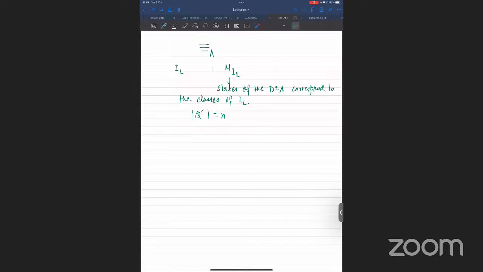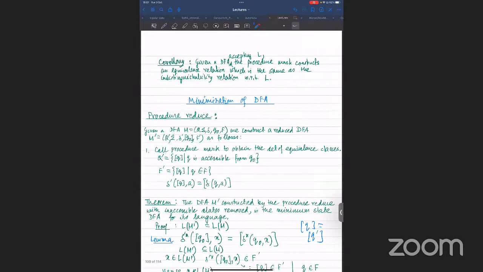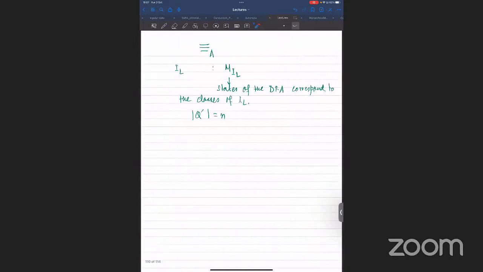And if you consider these pairs of states, they are all pairwise distinguishable. Correct? And we saw that every DFA will require at least this many states in order to accept the language, right? And this essentially gives you the fact that the resultant DFA has the minimum possible number of states.